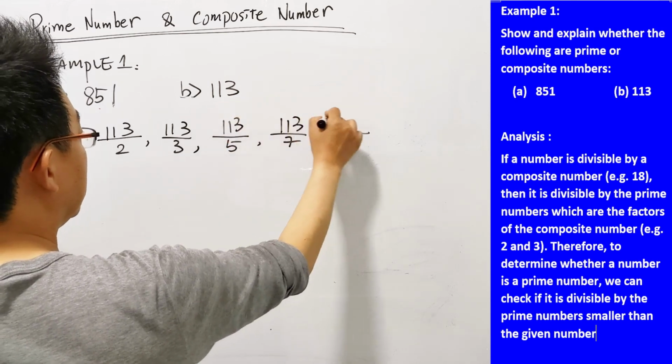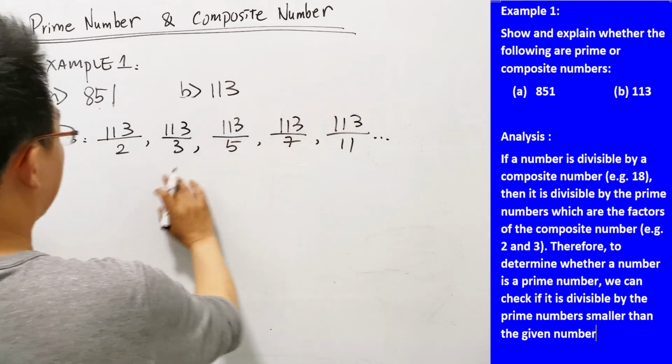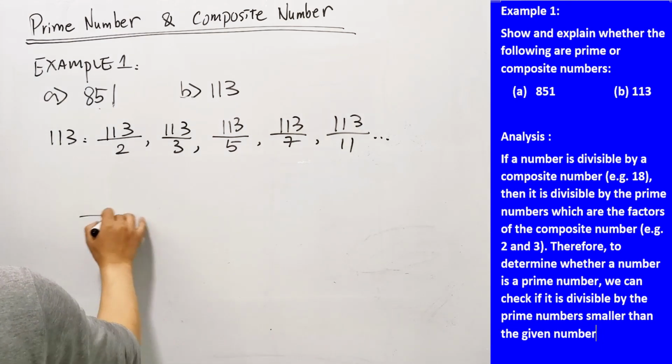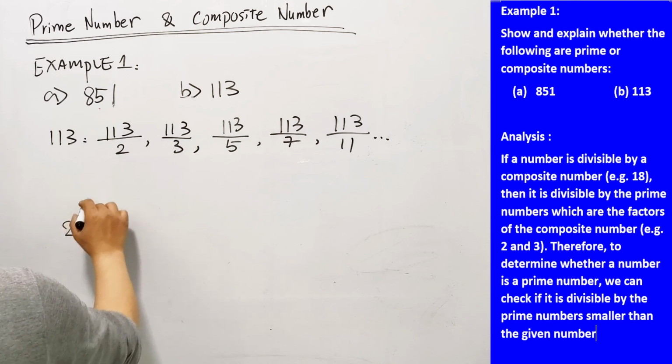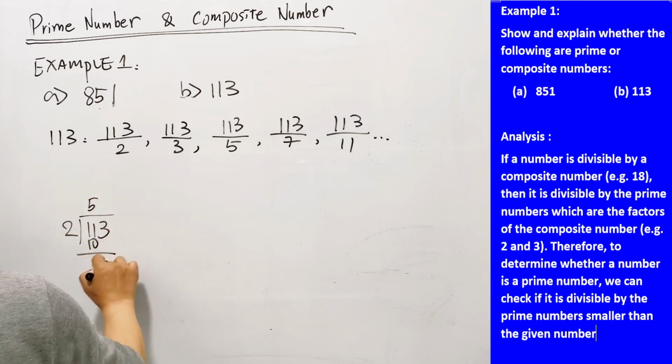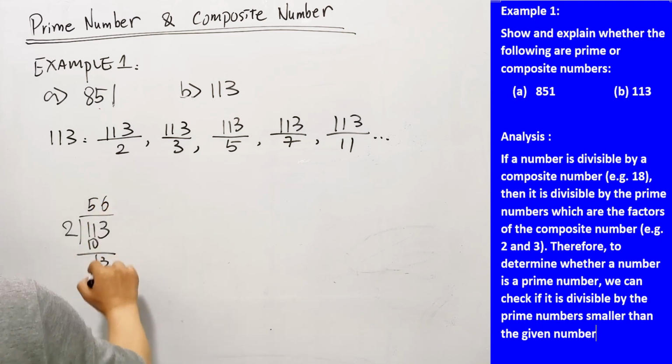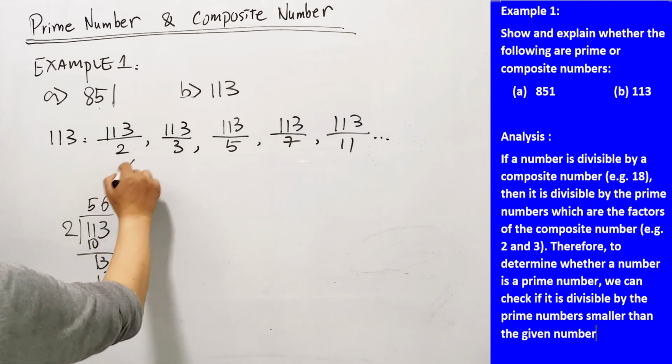Let's try that. First one is 113 divided by 2 is 5, 10, 13. Here how much do we get? We can put the 6, right? And we balance 1. So first one cannot.